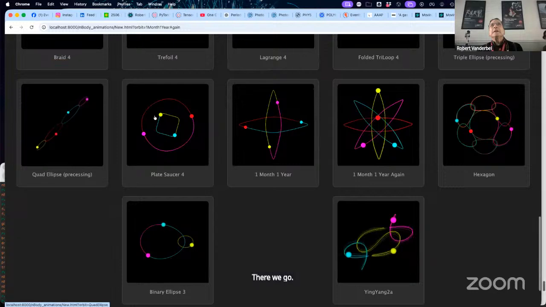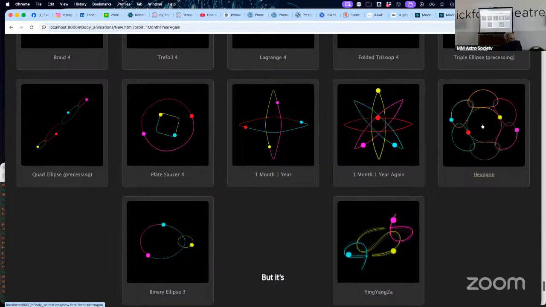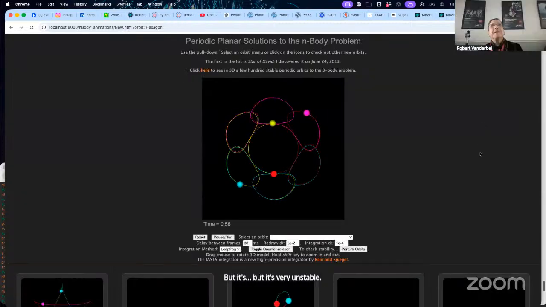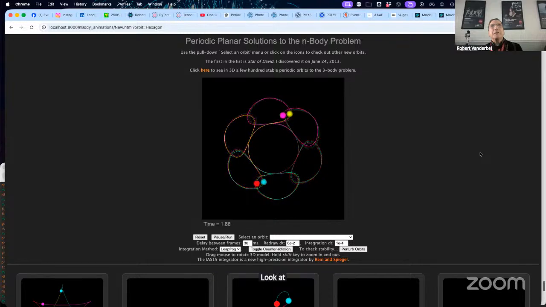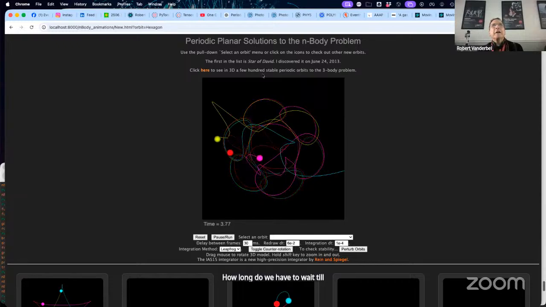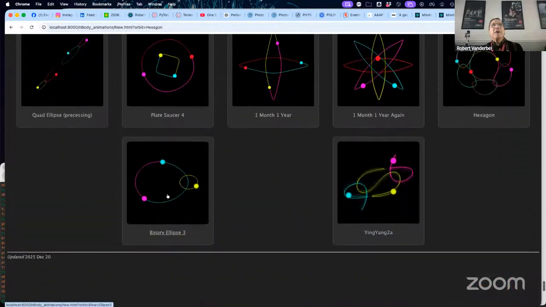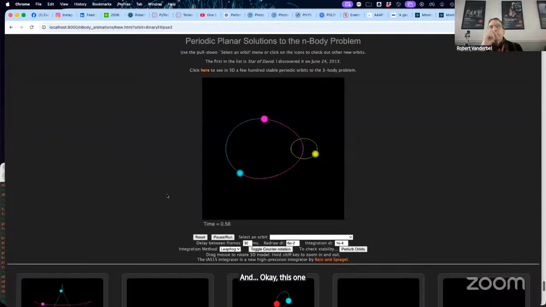And this one was fun to make because it's a hexagon, but it's very unstable. But it's real. Look at that. For a little while, it looks pretty good. Well, I'm going to have to wait till it goes unstable. There it goes. And okay, this one's nice and stable.